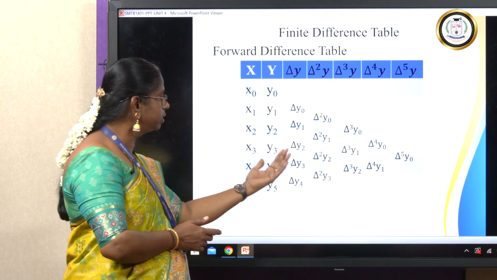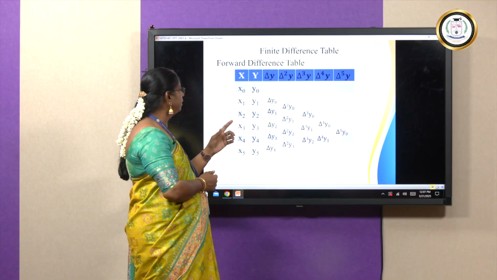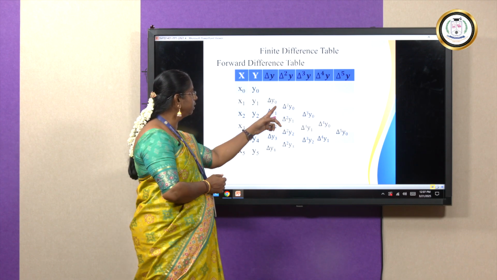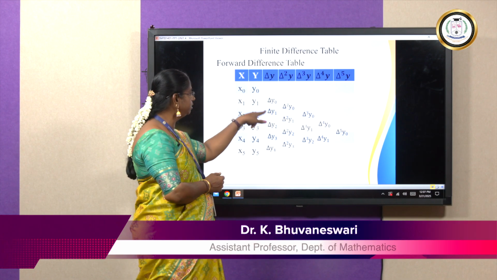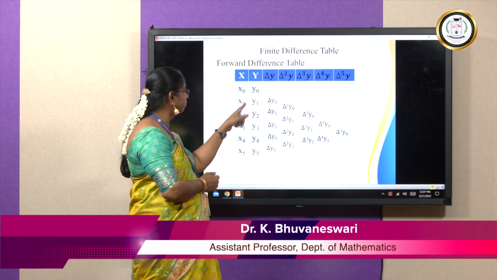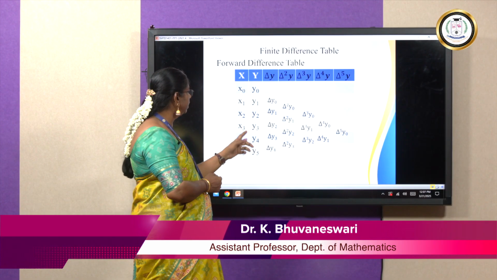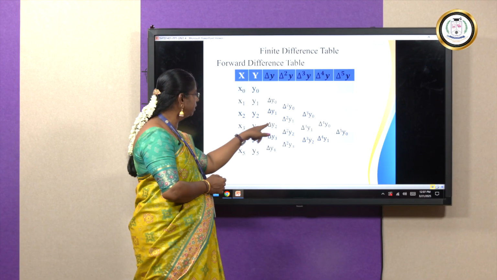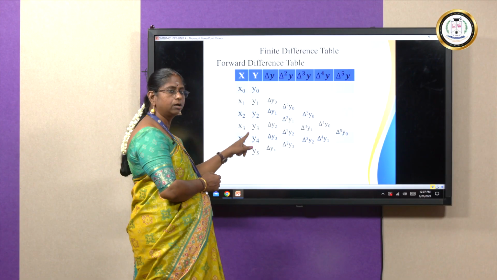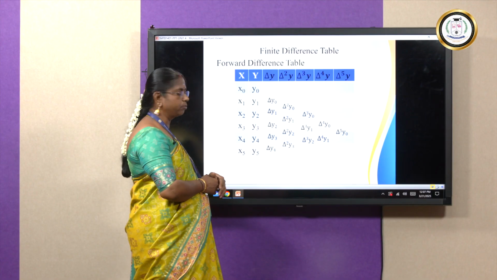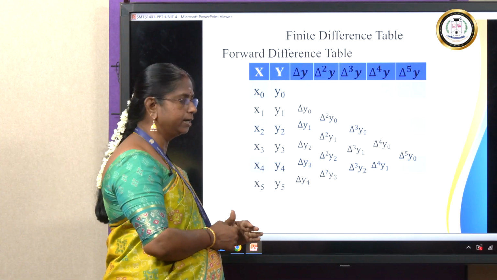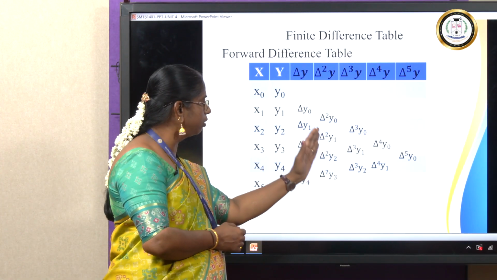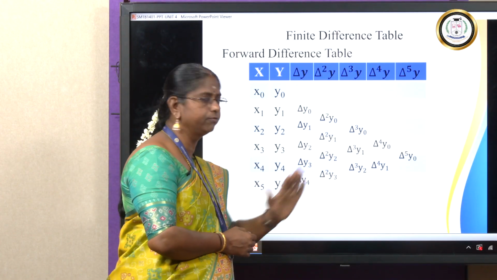Now, when I go to the second difference, I can write delta square y0, that is the difference between these two, delta y1 and delta y0. Similarly, delta square y1 is the difference between delta y2 and delta y1. Like this I can find the second differences. Then we may find the third difference, fourth difference and fifth difference.